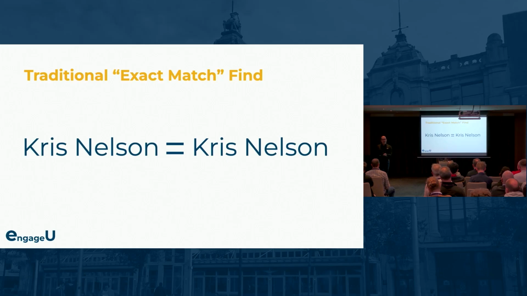However, you're not going to find Chris Nelson if it's spelled with a C, so instead of a K. And as you know, if your user is looking for Chris Nelson because they want to enter this record, they may not be able to find it if it's spelled wrong. Or they have to keep searching until they do find it. So that's kind of a hassle. So also, if numbers are typed in wrong, you're not going to find that customer number. Or if a date has been typed in incorrectly somehow, you're not going to be able to find it. So that's a big limitation with the standard find.